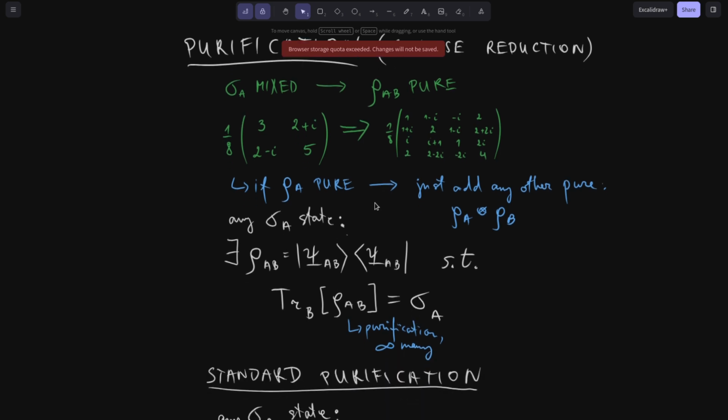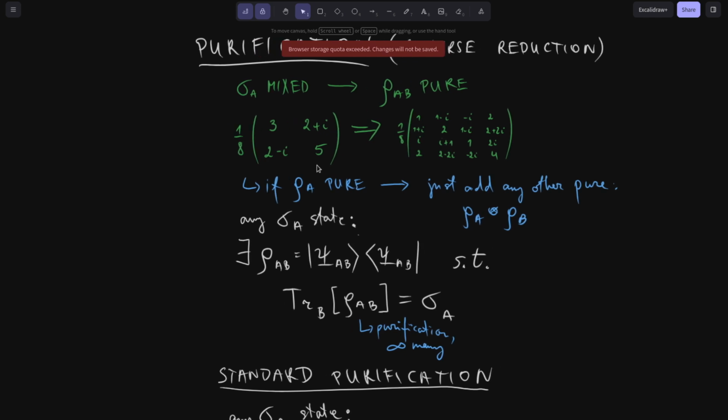So basically, how do we get back to this pure state from the one that we reduced to? And it turns out we always can do that. With any mixed state, we can get back to some kind of pure state on the bigger Hilbert space. For example, here we can purify it to a bigger pure state.